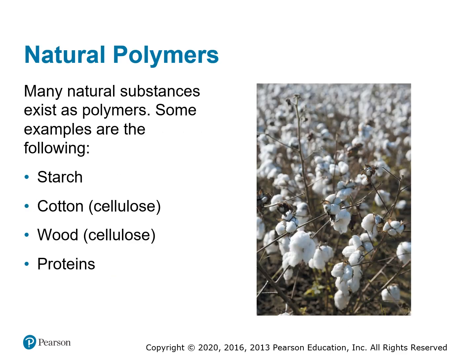There are natural polymers, and we have, for example, starch, and cotton is cellulose. Another type, structurally somewhat different, is cellulose in wood, and also proteins. Proteins are polymers made of amino acids, and they are constituents of many things in our body.